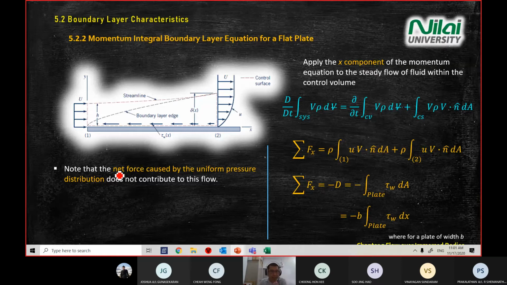One side note is that the net force caused by the pressure does not contribute to the flow because of the direction we mentioned just now.